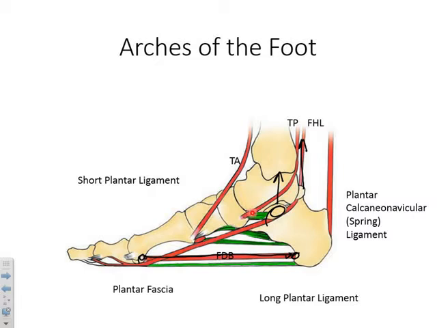So essentially you can think of the spring ligament as something of a hammock lying between 2 trees, the sustentaculum tali and the navicular tuberosity. And the head of the talus would represent an individual resting and sitting in that hammock, such that it provides passive support to the head of the navicular, but still allows a certain degree of elasticity within the medial longitudinal arch.